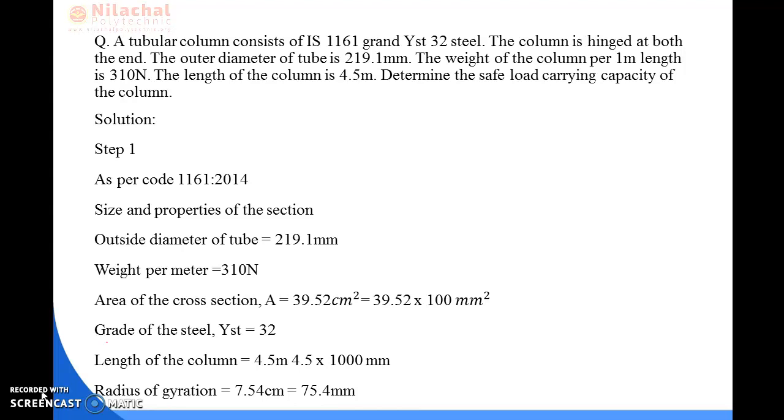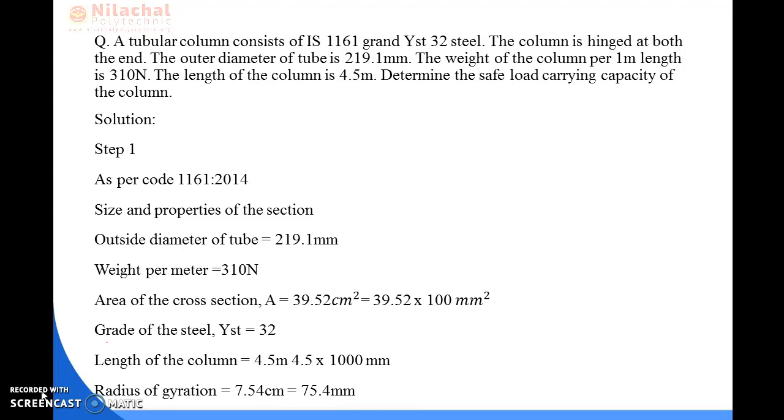First of all, in step 1, according to the IS code 1161-2014, we have to write down the size and property of the section. According to the question, outside diameter of the tube is given as 219.1 mm. Weight per meter is given as 310 Newton.